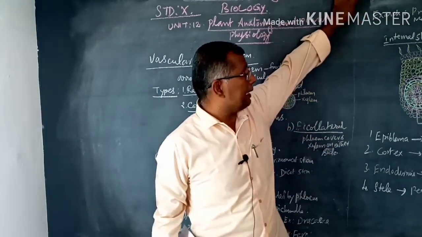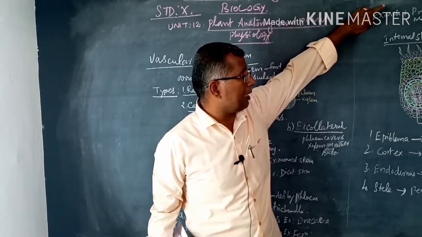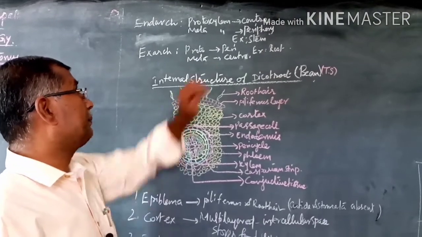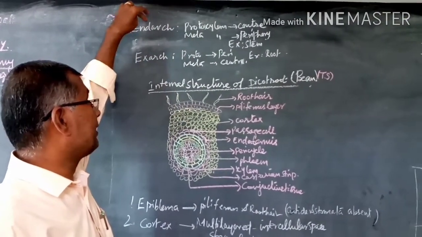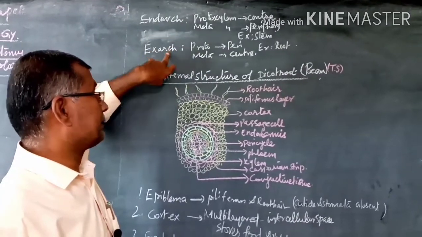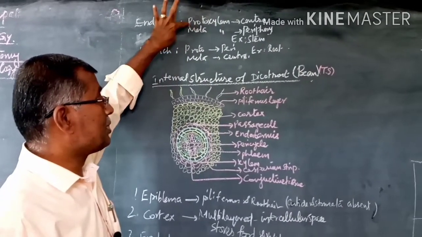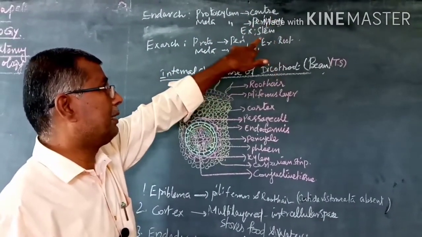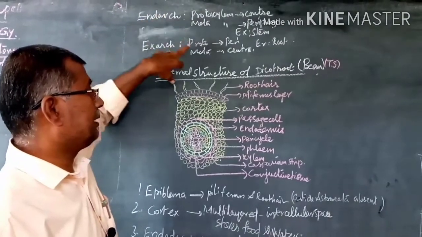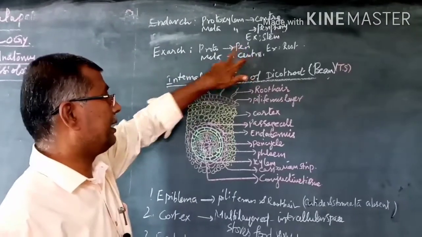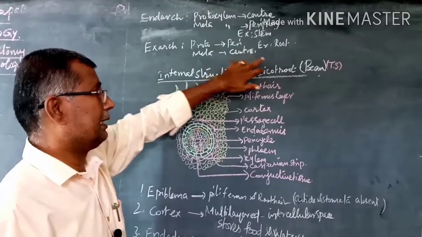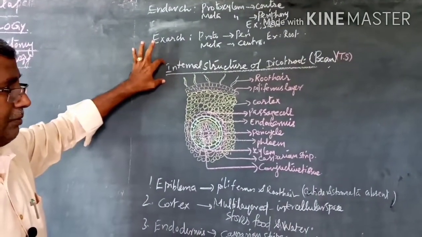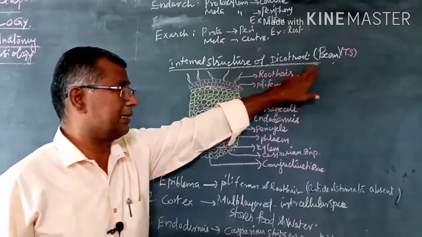Then endarch and exarch, depending upon the position of the protoxylem. In endarch condition, the protoxylem is towards the center and metaxylem towards the periphery. Example, stem. In exarch condition, the protoxylem is towards the periphery and metaxylem towards the center. Example, root.